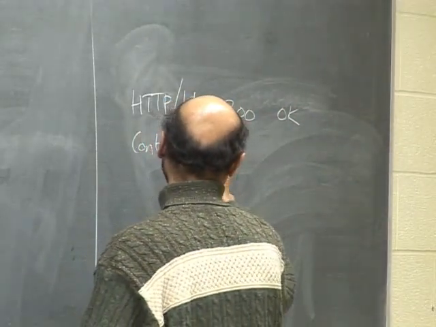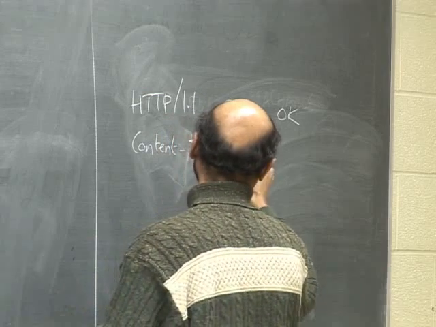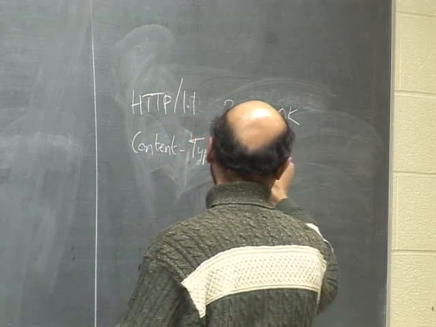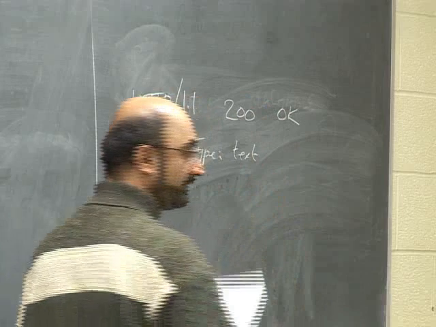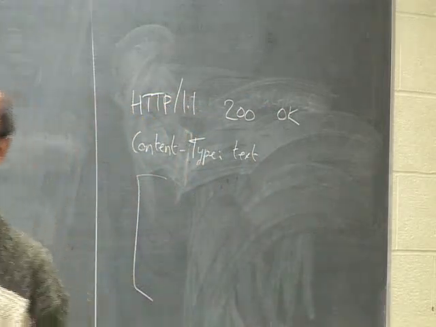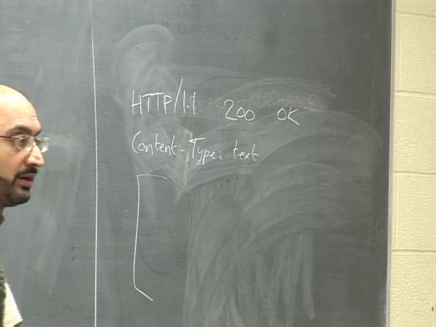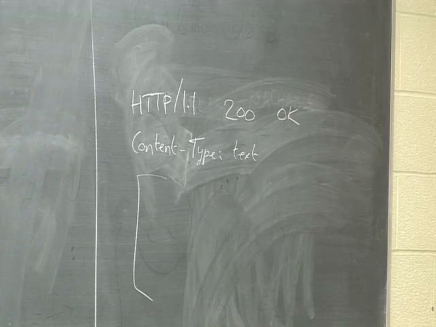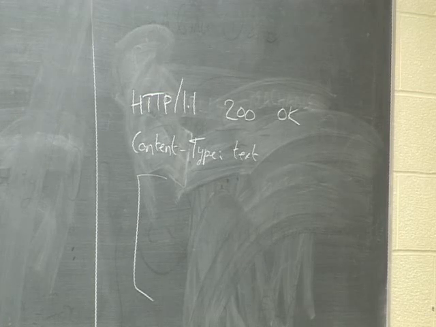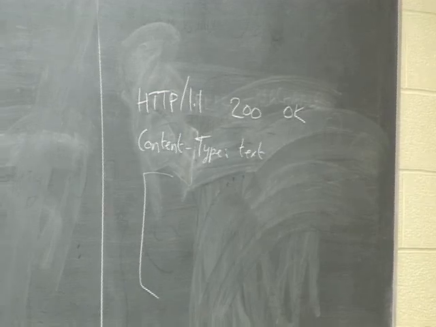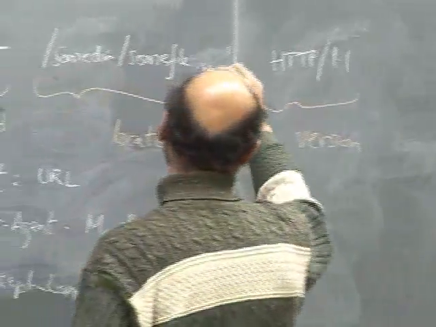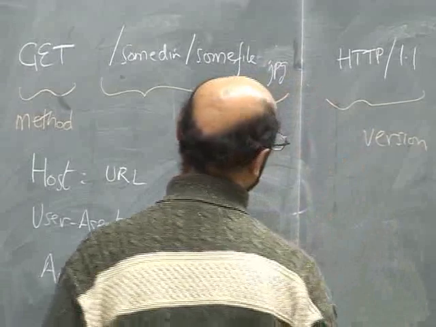It could be, for example, text, and then the actual data follows that. So if you try doing this, you'll actually see what content you're going to get from the web server. Okay. So what if there's an image? Then instead of some file.html, you'll say some directory/some file.jpg, JPEG. That would be an image, and it would come back with content type being image.